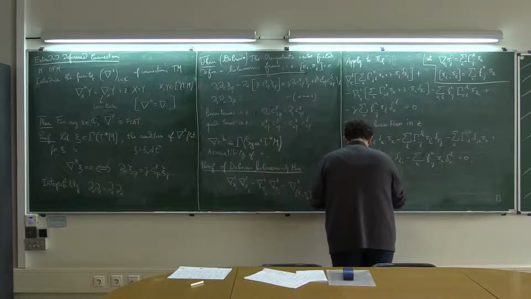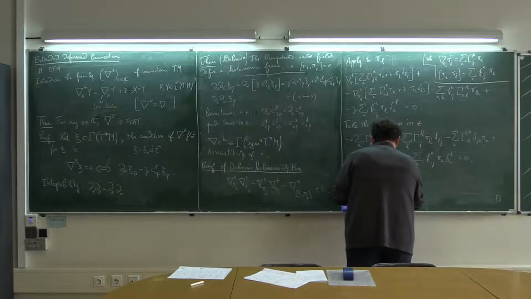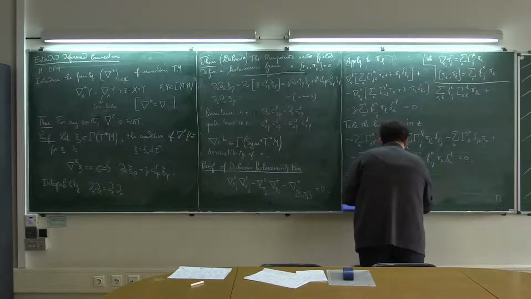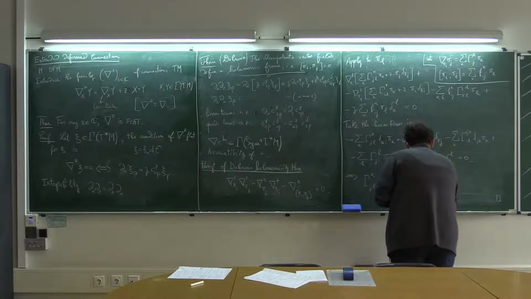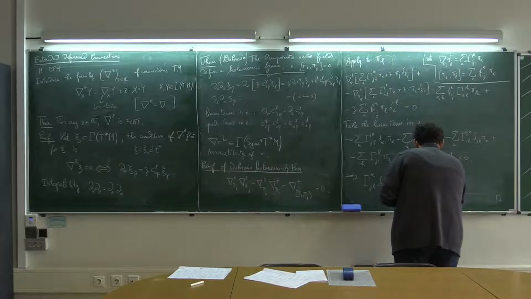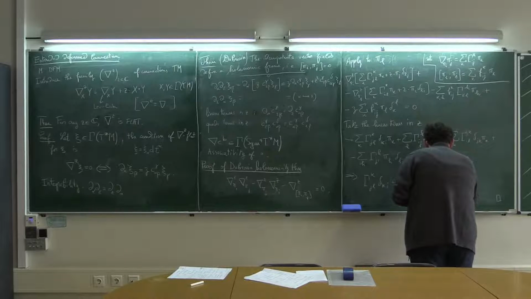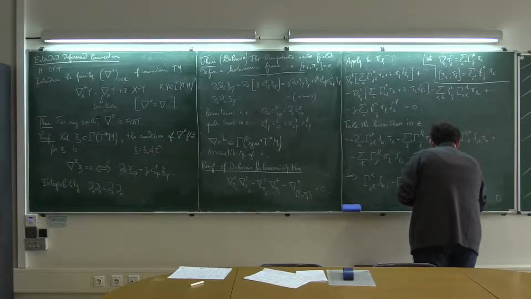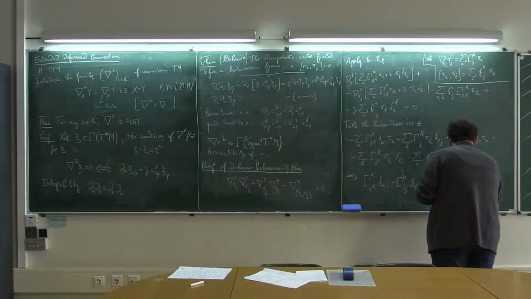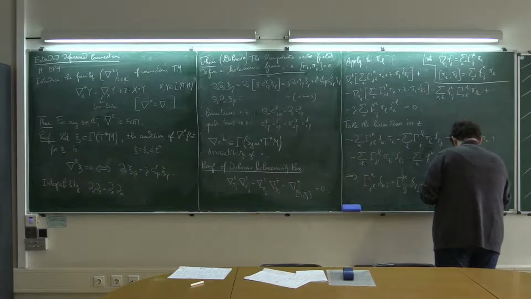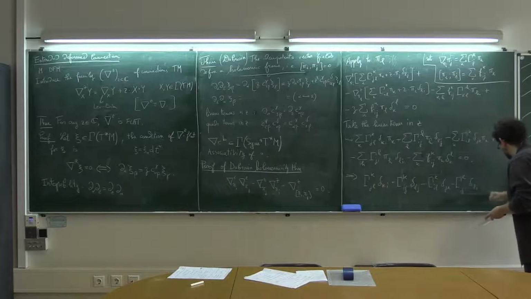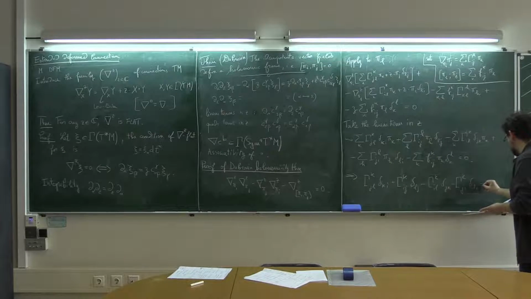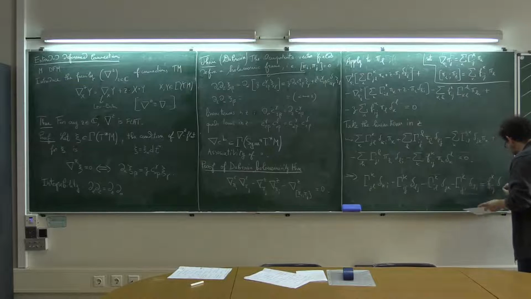Gamma jlk delta ki plus gamma ijk delta lj minus gamma ilk delta jk minus gamma jik delta li equals f_ij delta kl.